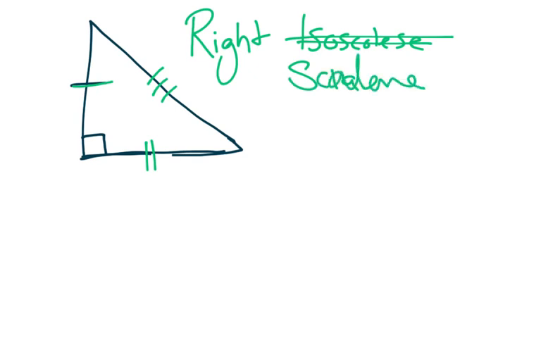Scalene, hardest part about math is the spelling, goodness. Scalene triangle. So we'll keep practicing these, but we need to know that there are three names to talk about side lengths, three names to talk about angle measurements, and they can be combined in different ways.